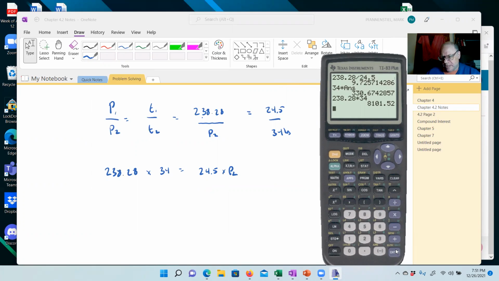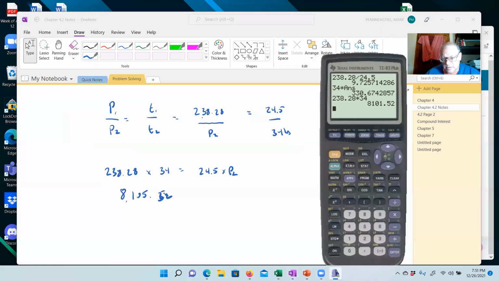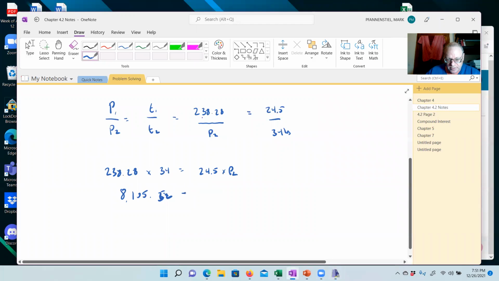Okay, and I'm not going to worry about the other side. So that is 8,101.52, and this is equal to 24.5 times P2.